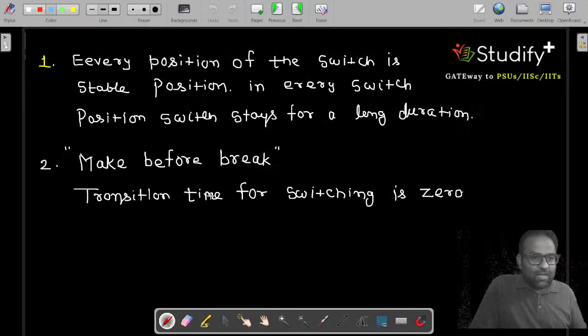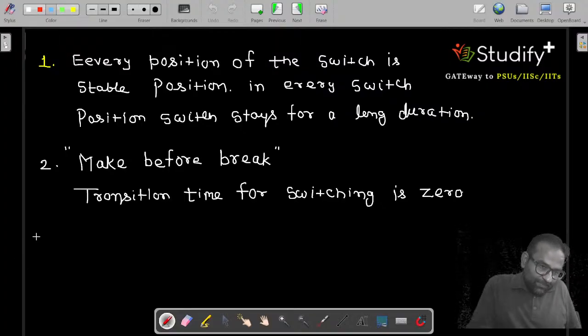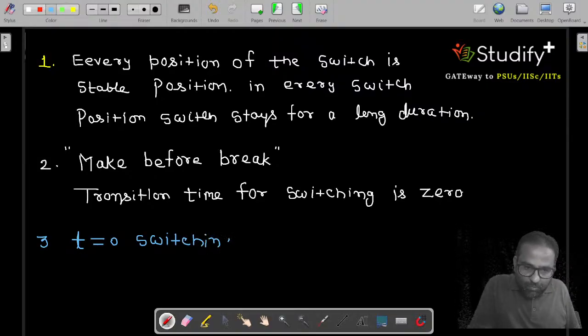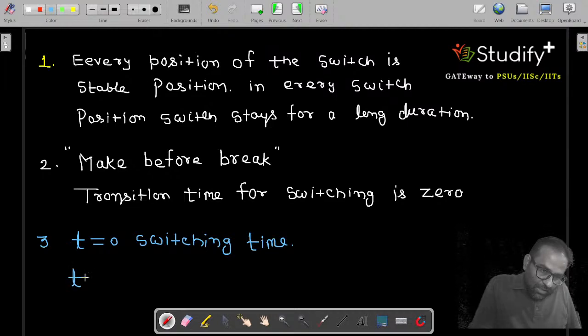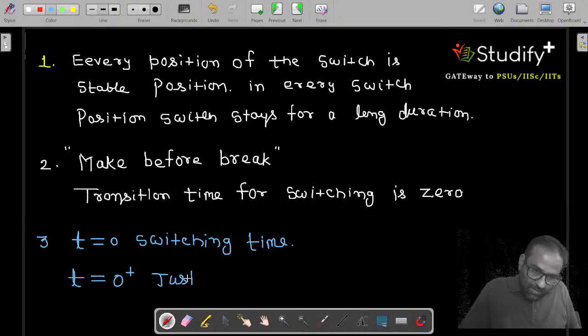Let's make it clear. t equal to 0 is the switching time. t equal to 0 plus is the time just after switching.